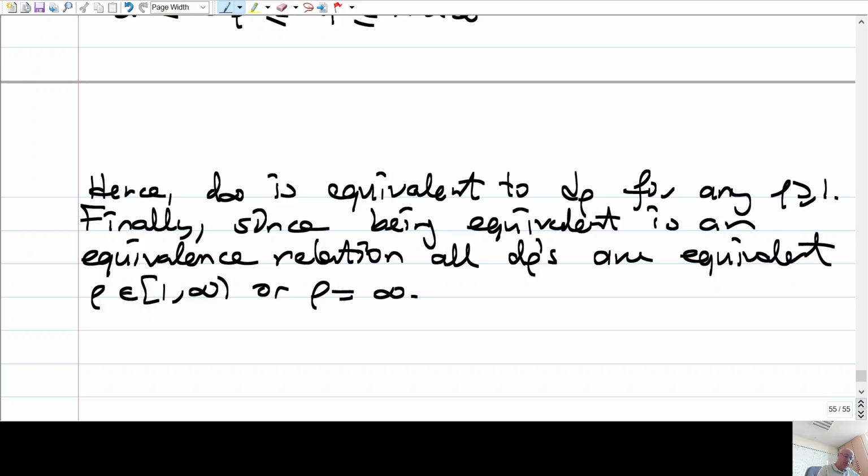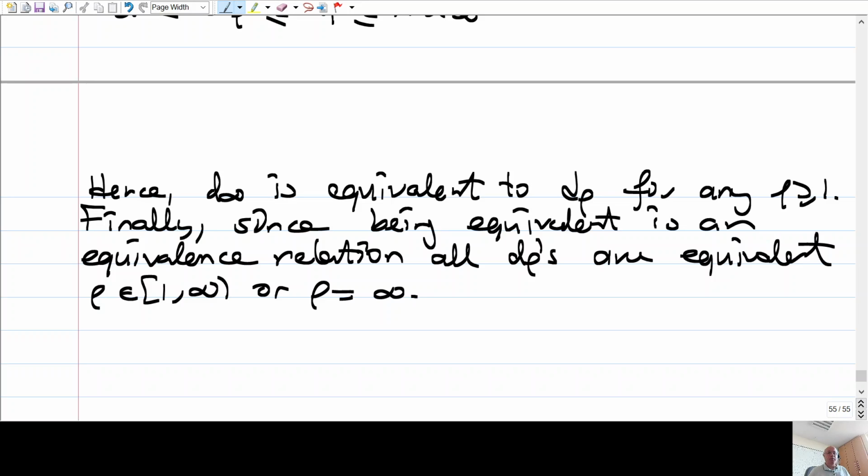Do you have any questions? Yes, being a Cauchy sequence, being convergent, we will define open sets, closed sets, and so on. We will see that all these properties don't change if you replace your metric with an equivalent one.